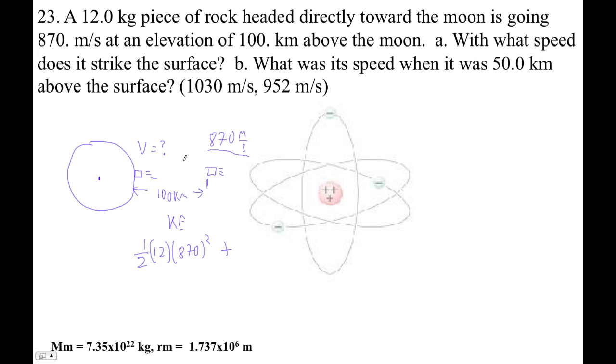And then it's got potential energy that would be minus G times m1, right, times m2, which is 12 kilograms. And then we've got to figure out what this radius is, right? So notice it's 100 kilometers above the moon.